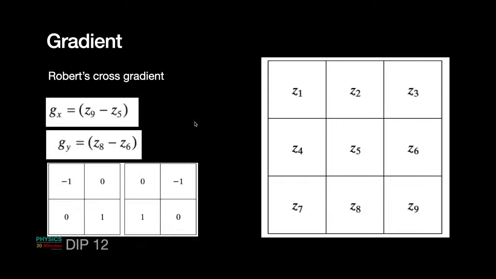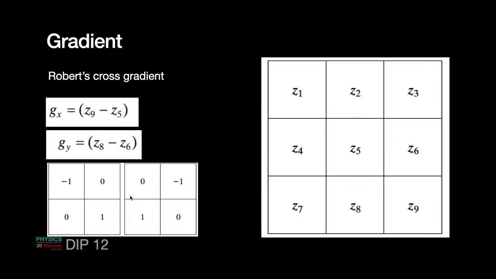So you can guess what kind of kernels you will need if you want to create this cross gradient. Take a kernel which is minus 1, 1 and here 0 and 0. And if you want this other cross gradient, then you take minus 1 and 1 in these corners and make the other corners 0.